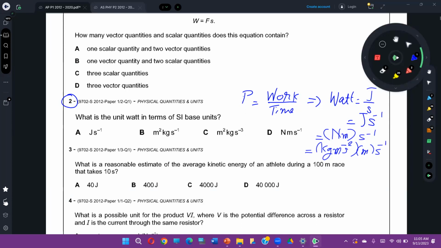Now, can anyone simplify this? On the board, please help. kg m square s minus 3. This is the translation of watt.